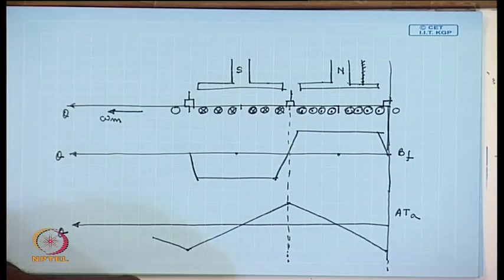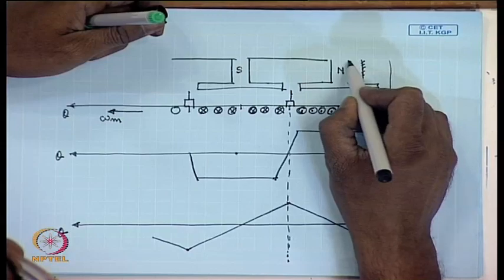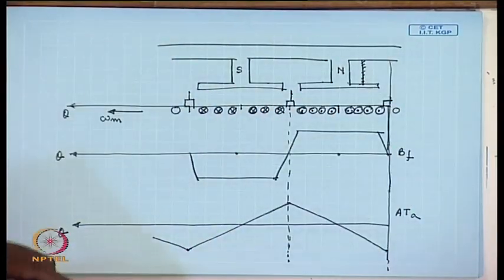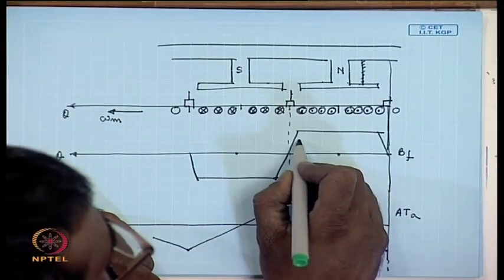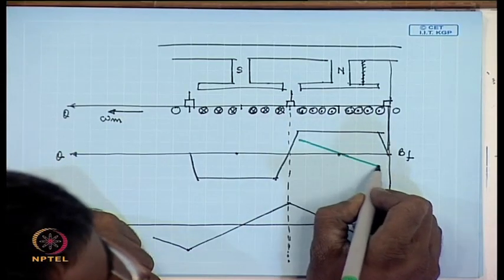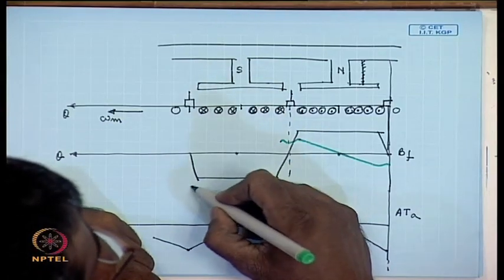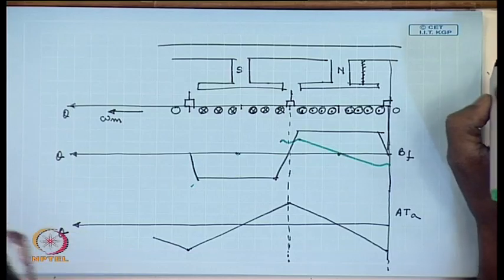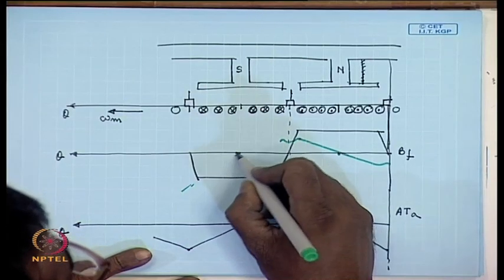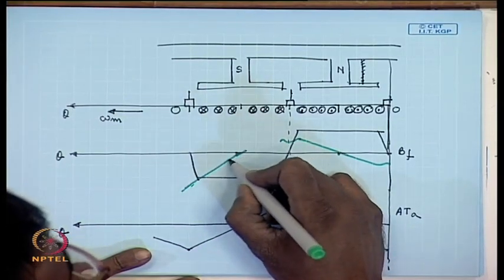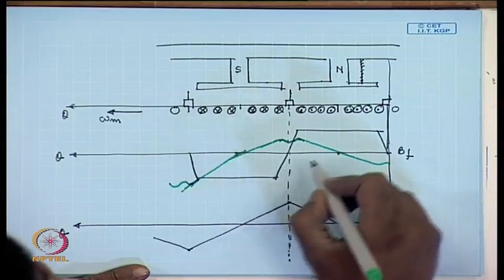the interpolar region the air gap is very large, and hence there will be a dip in the interpolar region, and the flux density waveform will actually look somewhat like this.